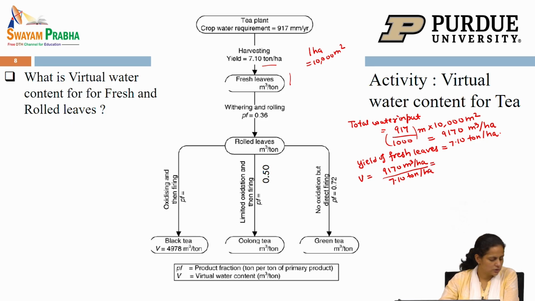So, this gives us the virtual water content to be 1291 meter cube per ton.